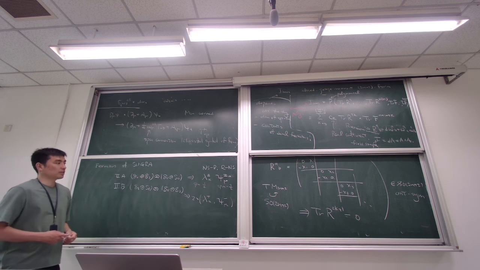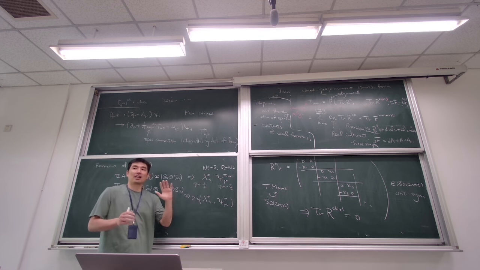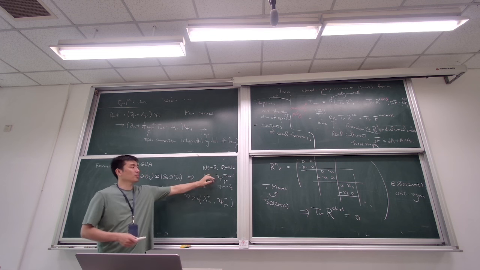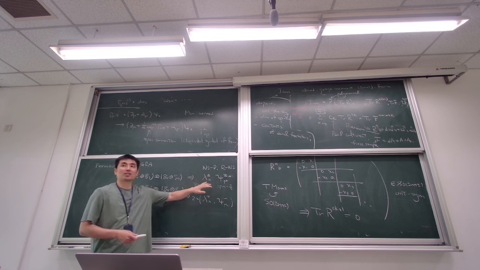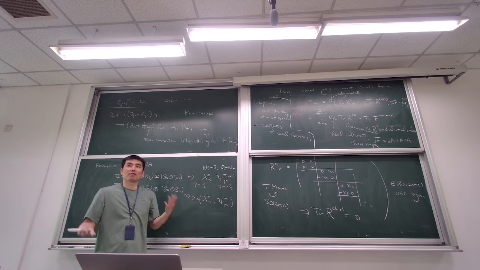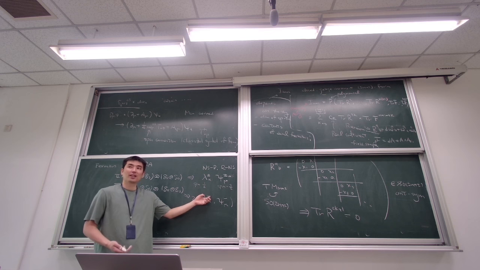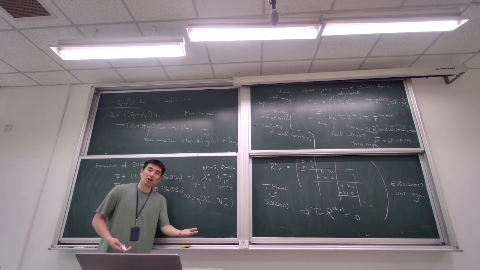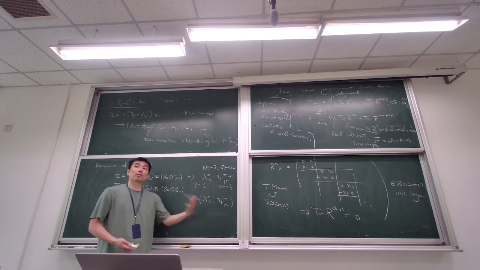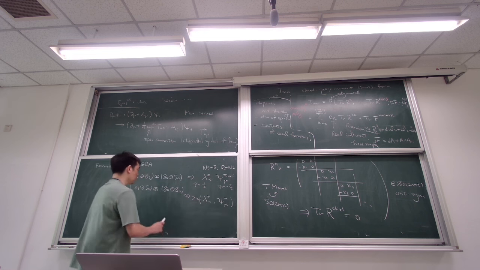Plus and minus is the chirality, left-handed spinor in space-time and right-handed spinor. Here, both plus and minus appear, so it's a non-chiral theory. But here you only have one part of the fermion, only plus or only minus for the gravitino. So this means that it's a chiral theory.